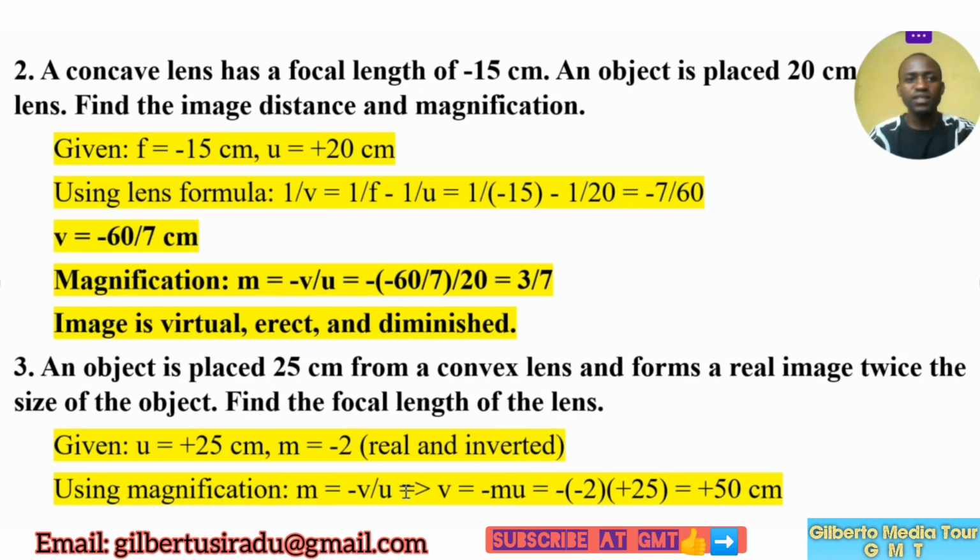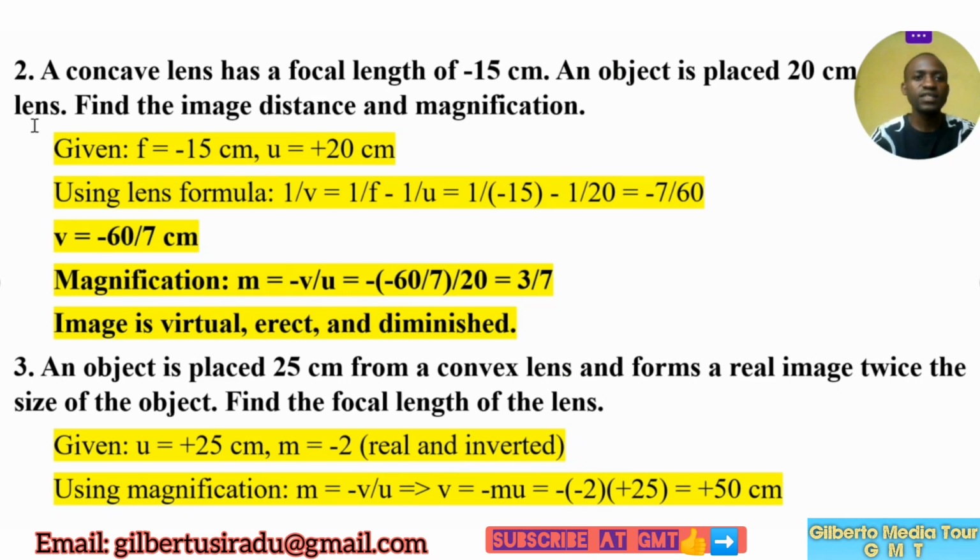So the second question: a concave lens has a focal length of -15 centimeters. An object is placed 20 centimeters from the lens. Find the image distance and the magnification. This question is the same as the first one, but here we have a concave or diverging lens.